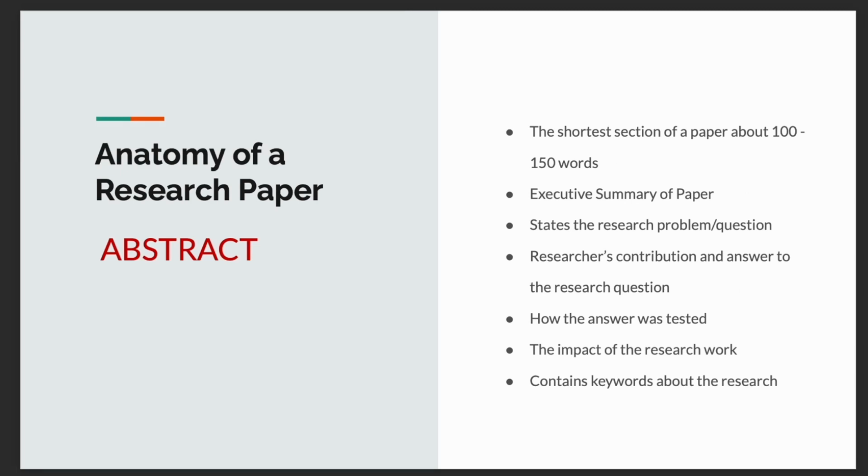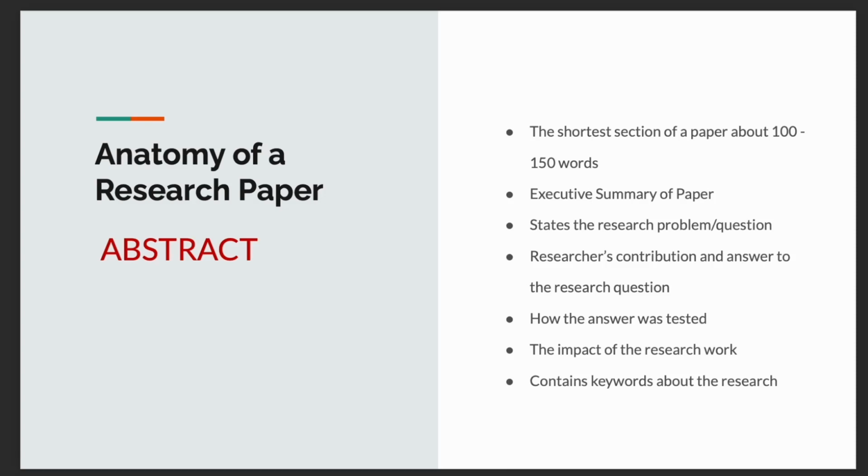It should not be more than 150 words. An abstract is what makes or breaks your paper. It's basically you pitching your research to anyone who's reading your research paper. It's like an executive summary of everything you've done till the point of publishing your research paper.